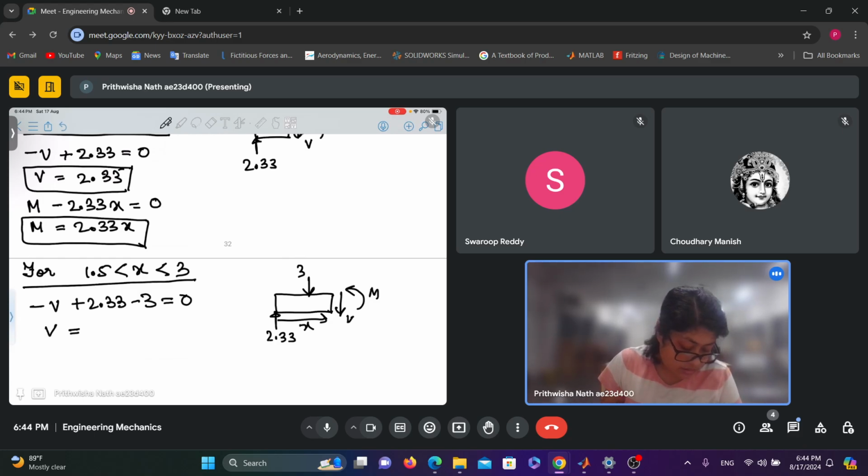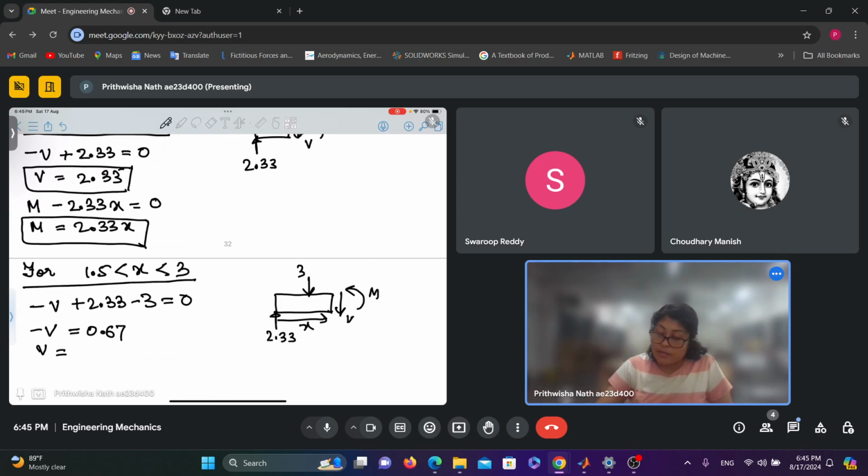So V equals to 0.67, that is V equals to minus 0.67.